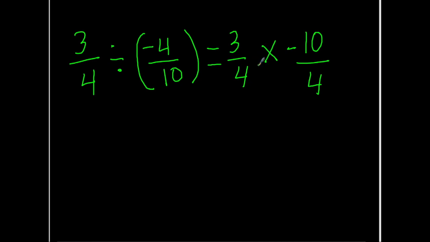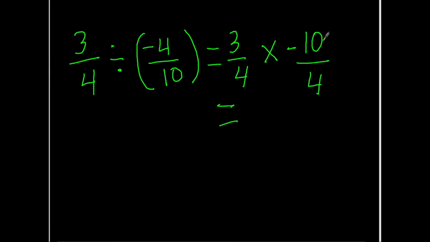So now we turn the division into multiplication. Next step is to see if we can simplify. Look at this fraction. You cannot simplify this one further, but when you take a look at negative 10 over 4, you can simplify it.